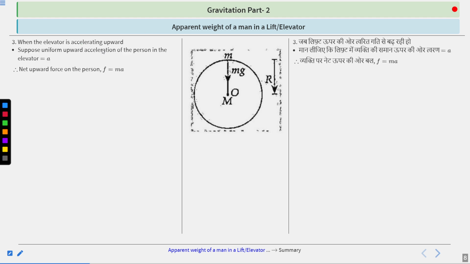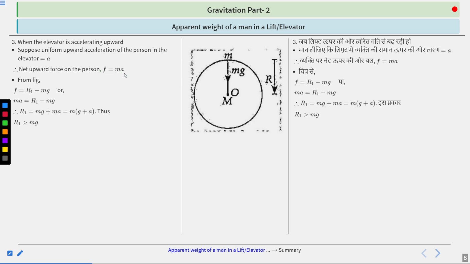Suppose a uniform upward acceleration of the person in the elevator is equal to a. Okay. So net upward force on the person will be F equal to m a. Right? From the figure we can calculate that F = R1 − mg, or ma = R1 − mg.